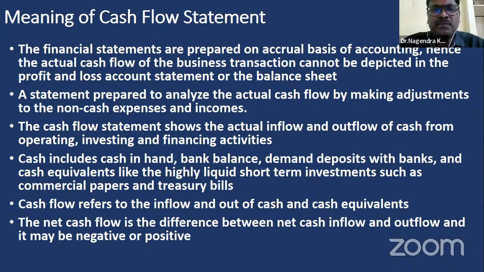So we are going deeper into the analysis of cash. Here we will understand cash inflows and outflows from operating activities, investing activities, and financing activities. Normally, the cash component includes cash in hand, cash balance, demand deposits with banks, and cash equivalents like highly liquid short-term investments such as commercial papers and treasury bills. So we will understand the inflows and outflows with respect to these components.